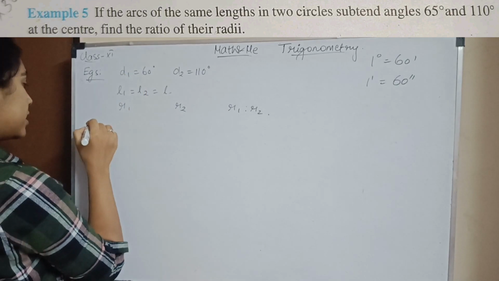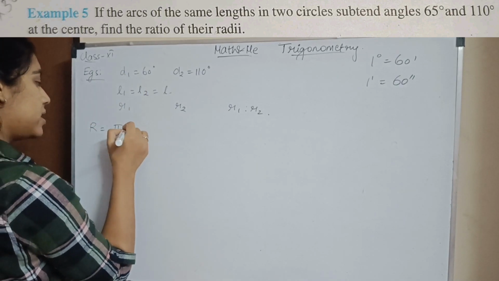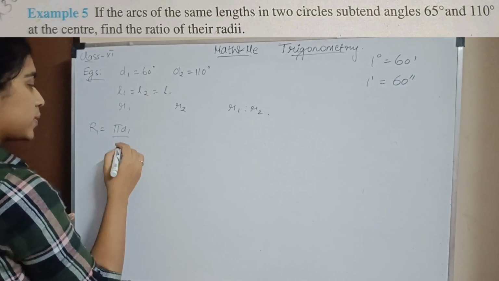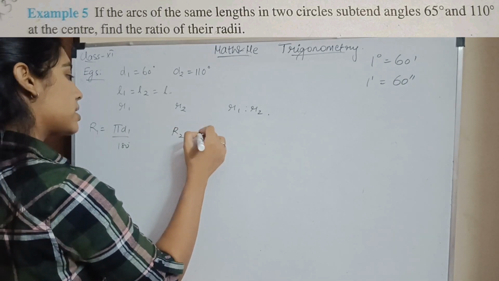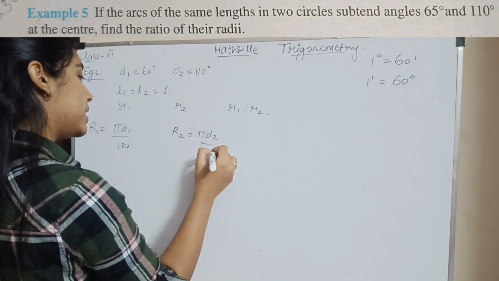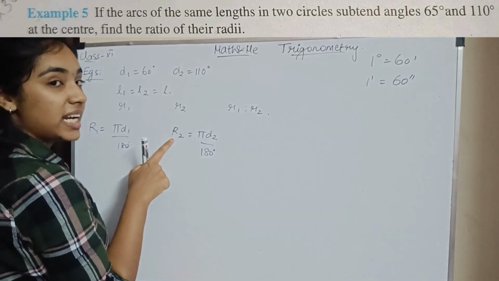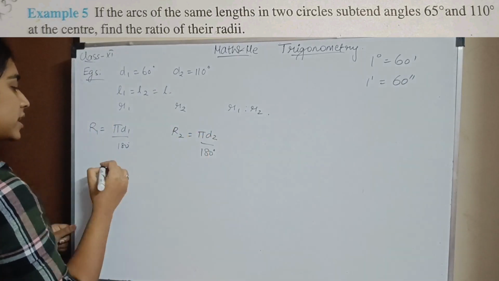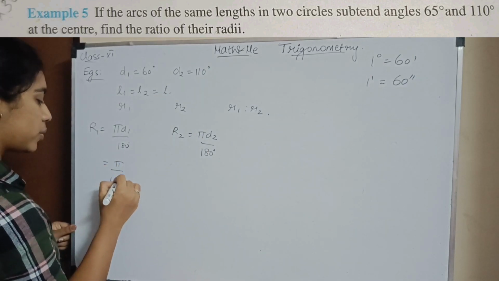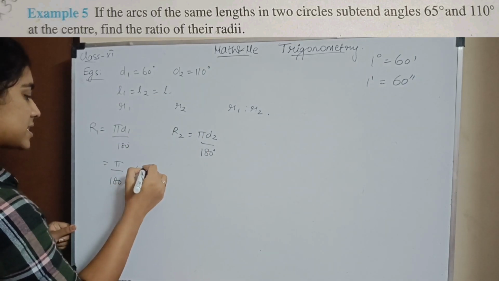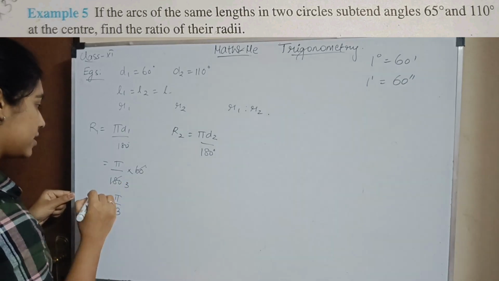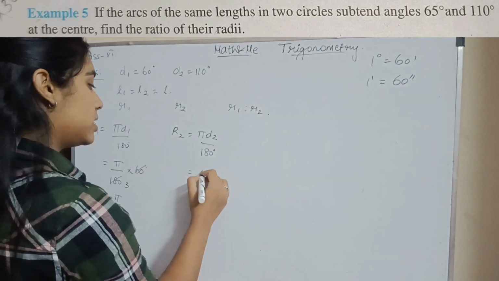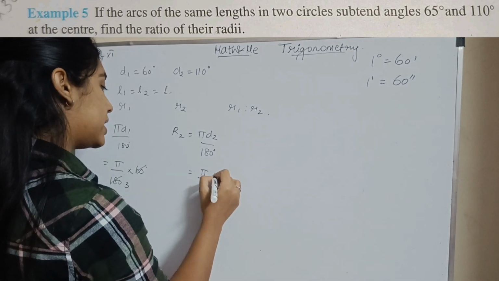So the radian measure 1 equals pi D1 divided by 180 degrees. Similarly, radian measure 2 equals pi D2 divided by 180 degrees. Don't get confused. I have pi by 180 times the first angle. Cancelling, 6 3s are, so this will be pi by 3.